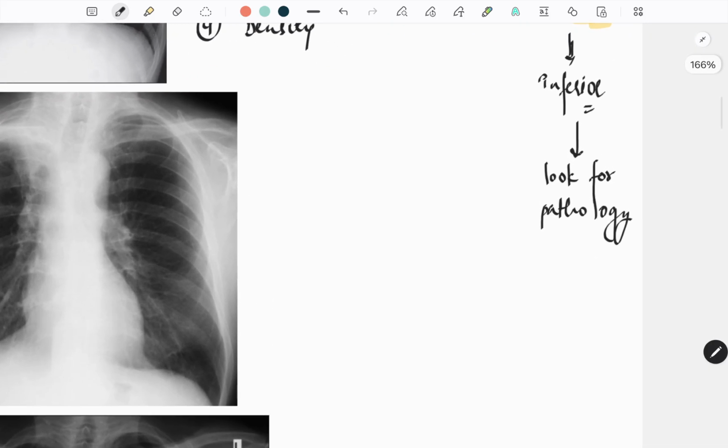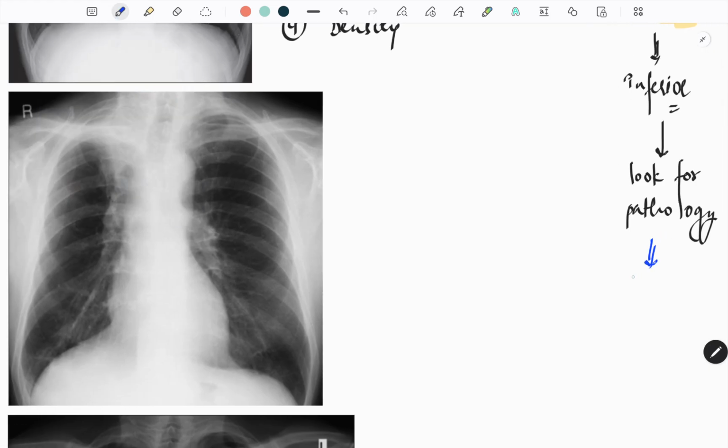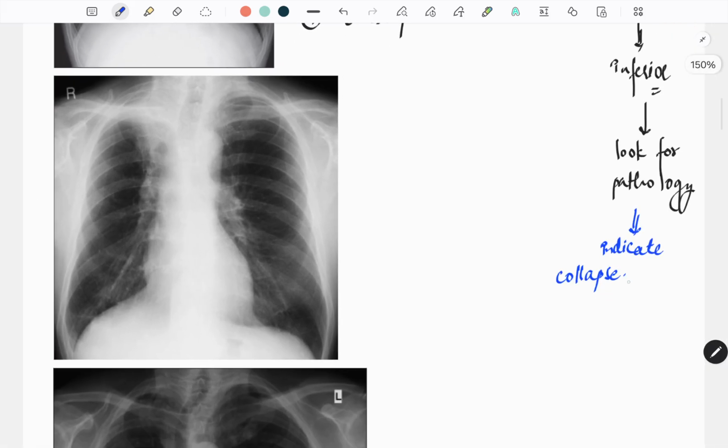That too, it will indicate collapse of either the right upper lobe or the left lower lobe.